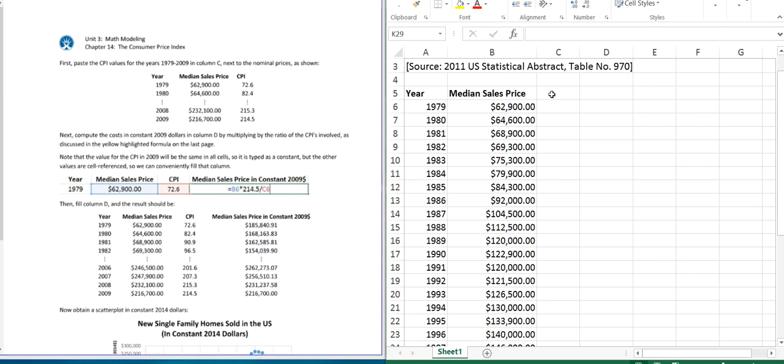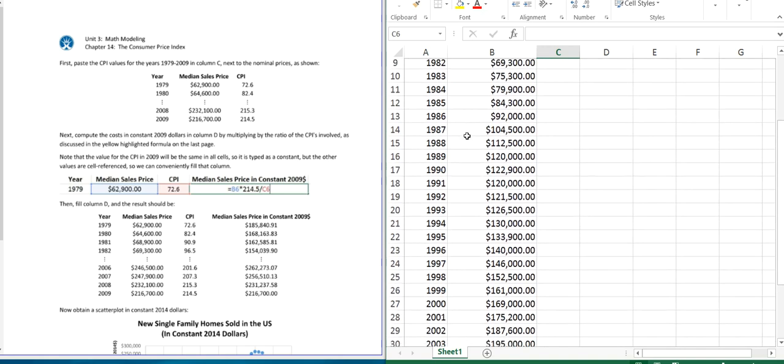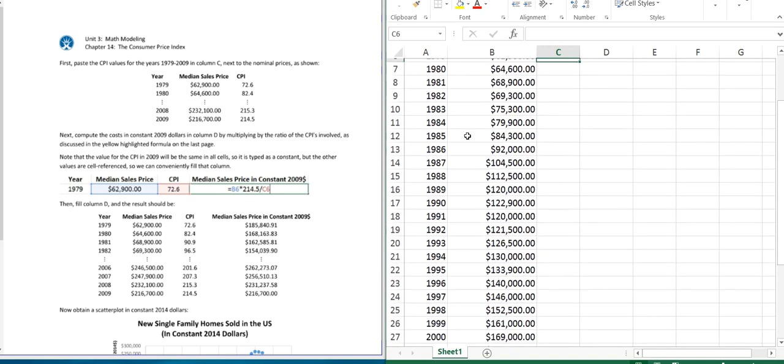Essentially, we're going to need to add a column for the Consumer Price Index. We need to paste the values for the CPI for these years, 1979 all the way up to 2009.